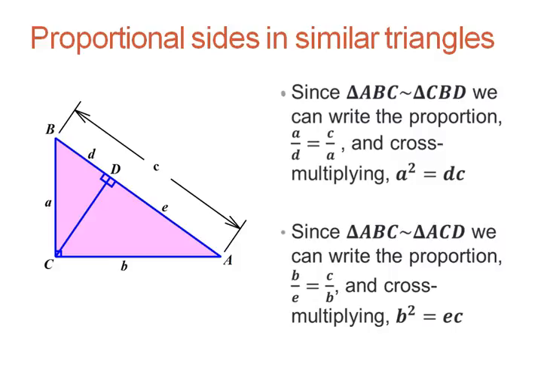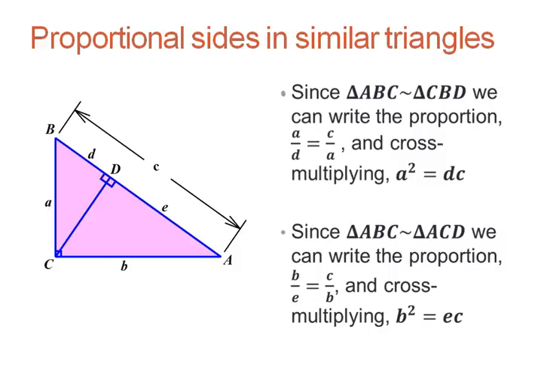Segment a is the short leg of the big right triangle, and segment d is the short leg of the smaller right triangle. So a over d, they are corresponding sides, and we're going to set that equal to c over a, because c over a is the ratio of the hypotenuses of those triangles. c is the hypotenuse of the big right triangle, and a is the hypotenuse of the smaller right triangle. So if we cross multiply, a squared is equal to dc.